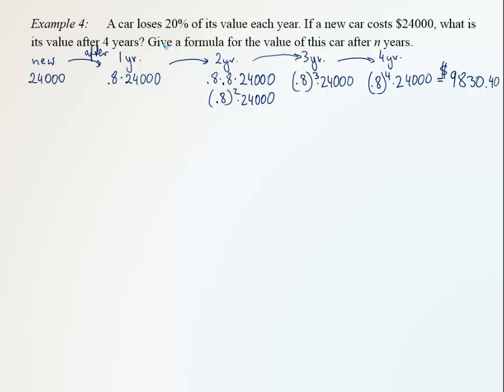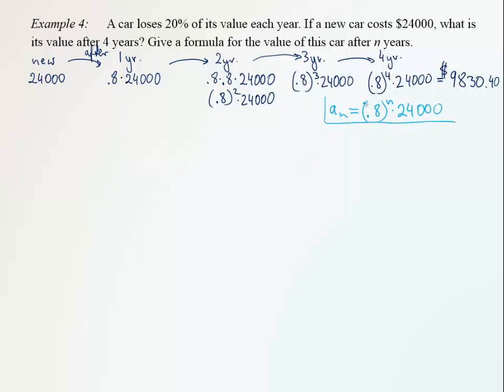And now the second question: give a formula for the value of this car after the nth year. Well, let's observe the pattern. After the second year, we squared the factor 0.8. Third year, we cubed. Fourth year, we raised to the 4. Therefore, the general formula for the nth term would be 0.8 to the n times $24,000.